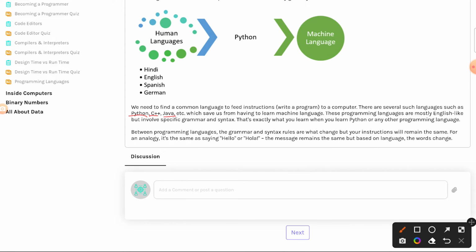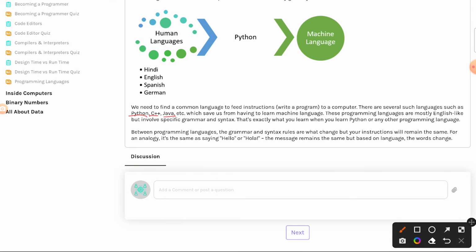So learning any programming language is a matter of learning the syntax and vocabulary, very similar to how we learn Hindi and English or Spanish or German. Now, between different programming languages, whether it is Python or Java, the grammar and syntax change, but the core instructions remain the same.